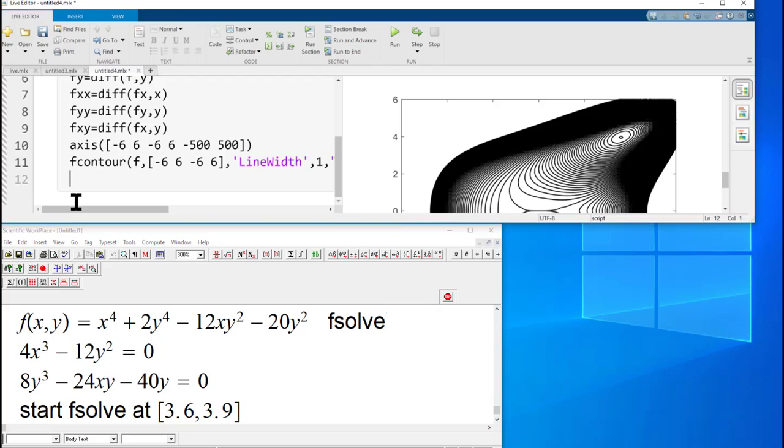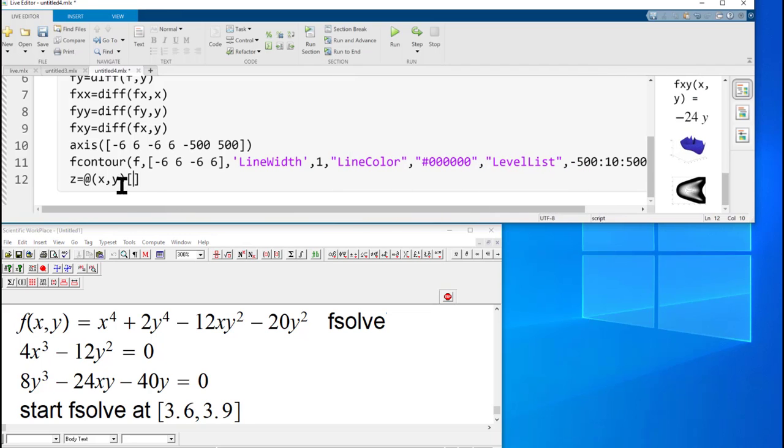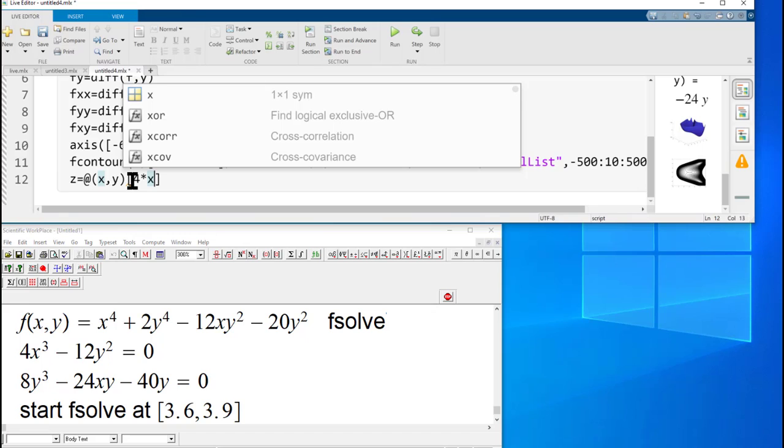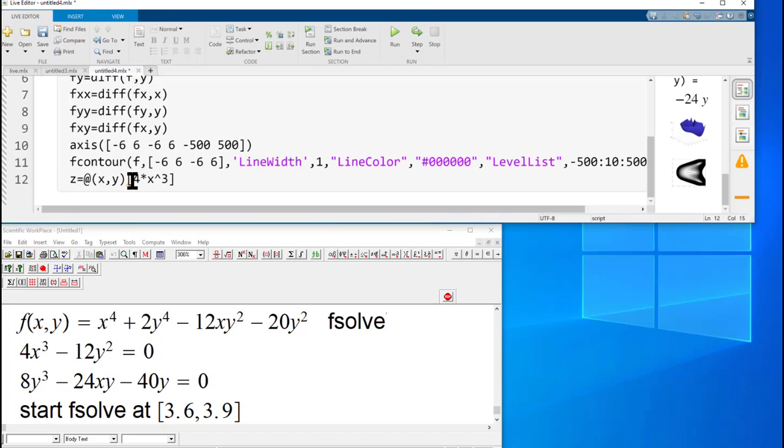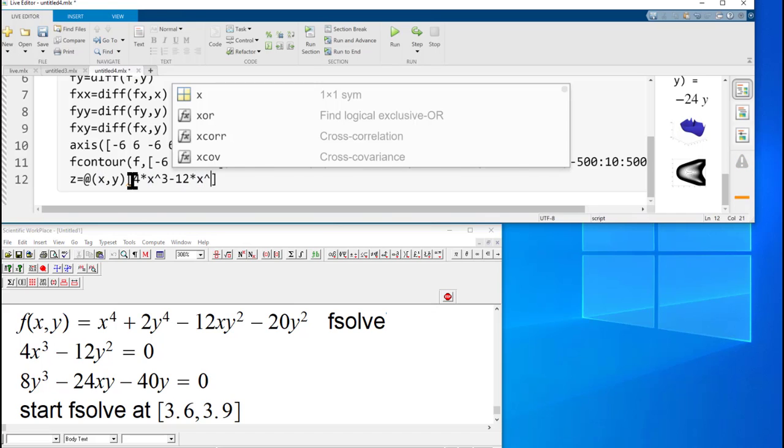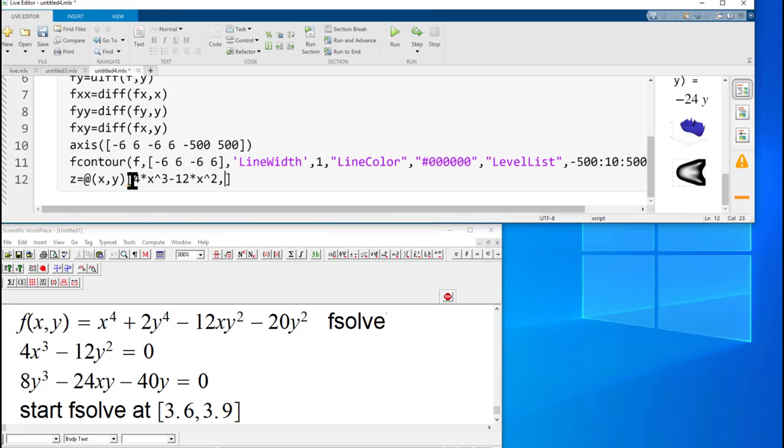So what we would do first is define an anonymous function using these two variables. Okay, just a moment. In the first slot, the first coordinate, I'm writing 4x cubed minus 12x squared, and then separating them by a comma.